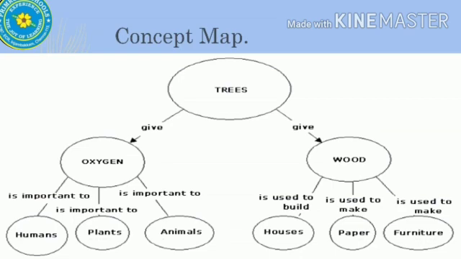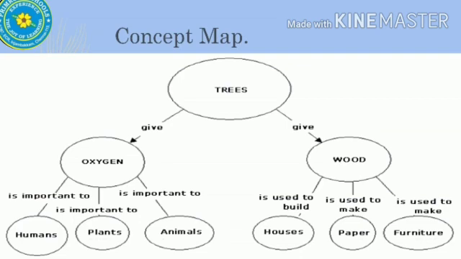What does the tree give us? Think of the points and make a small chart like this. It gives oxygen. It gives wood. To whom is this oxygen important? To humans, to plants, to animals.